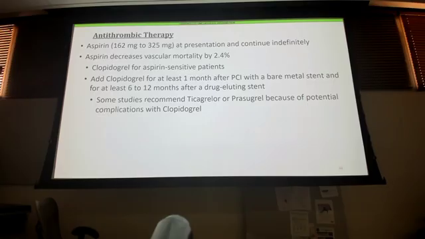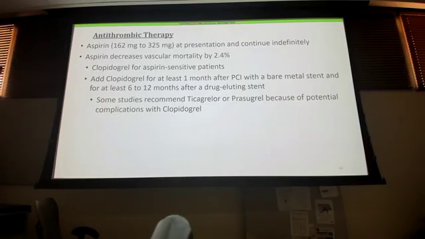We said that the reason this occlusion occurred was because of platelet activation causing that acute occlusion of at least 90%, right? So how can I prevent further clot formation and potentially the progression of that occlusion from 90% to 100%? And your antiplatelet therapy is a great initial starting point.